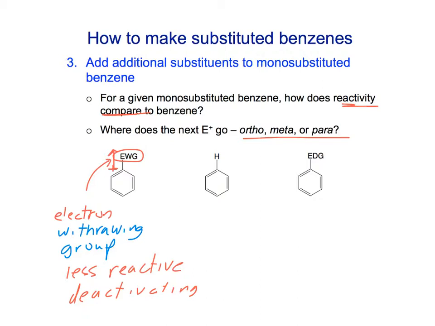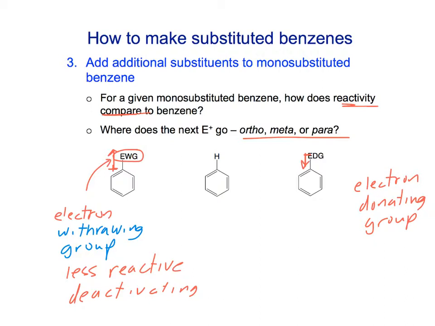All right. So if we have over here an electron donating group, it's going to be pushing electron density into the ring. Is that going to make it more or less reactive?